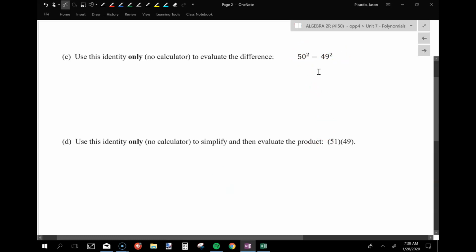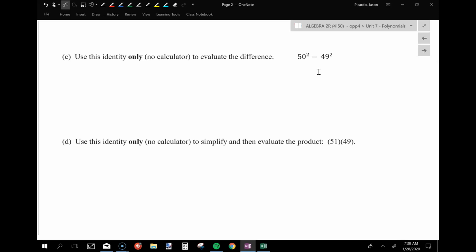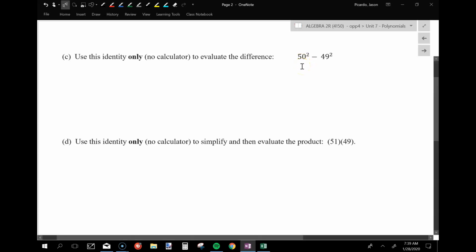If I wanted to do this, and this is what ancient mathematicians did years and years ago, they had stuff like this. I want 50 squared minus 49 squared. Well, there's got to be a way to do this that can use an identity to evaluate without using a calculator.